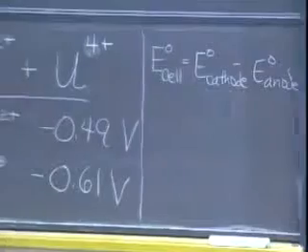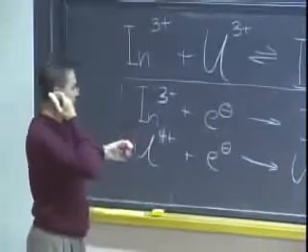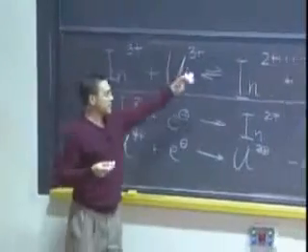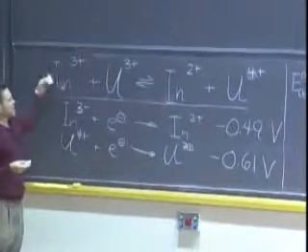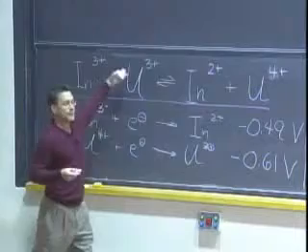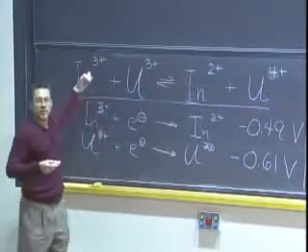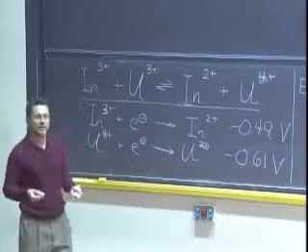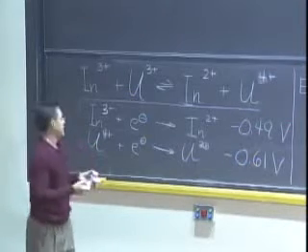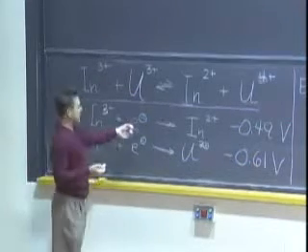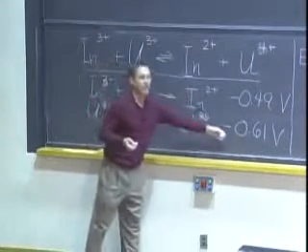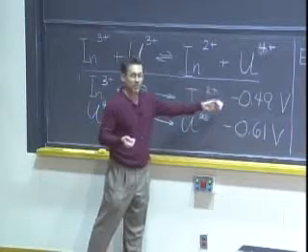And what we can see here is that this reaction is going to proceed spontaneously as written, because in going from left to right as written, uranium plus 3 is going to plus 4. So uranium is the reducing agent, and it is a stronger reducing agent than the other possible reducing agent, indium-2 plus, because it's more negative than indium-2 plus.